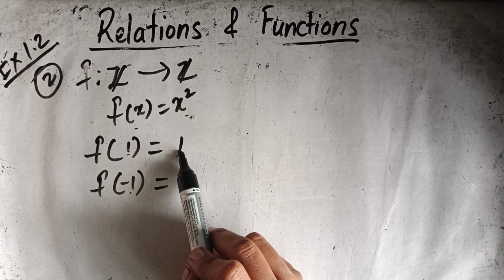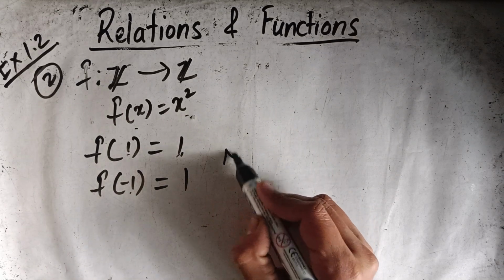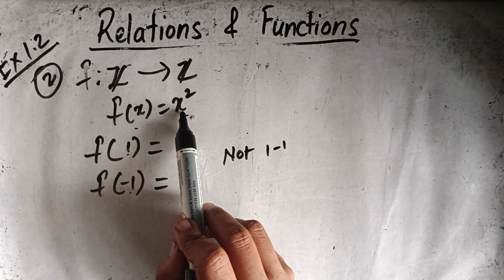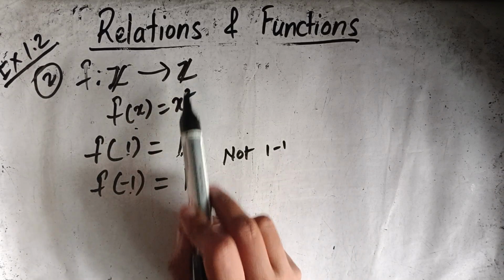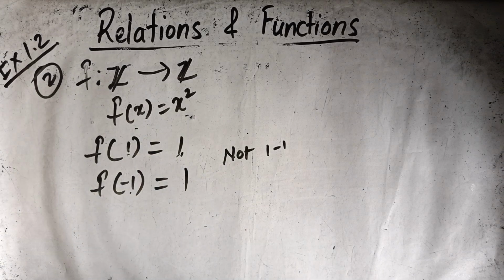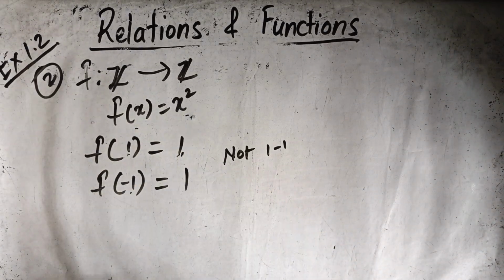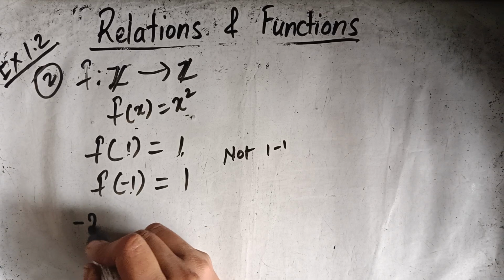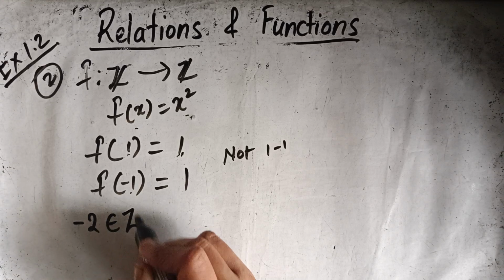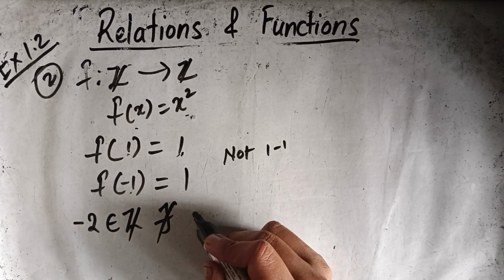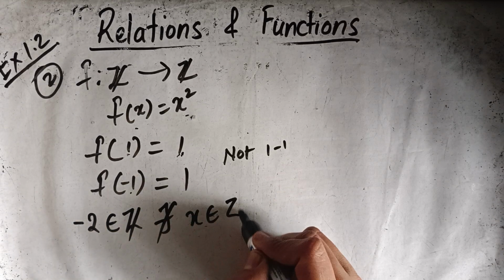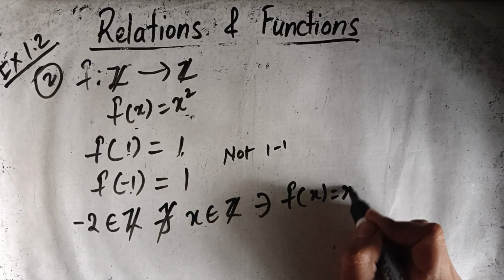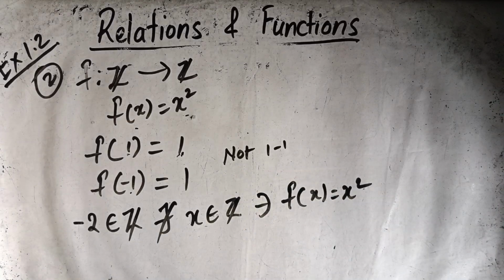So this is many-one, not one-one. Then for onto, on the other side, that is Z, you will get only the positive values and negative values will be left out. So you can take minus 2 belonging to this; there does not exist any x belonging to this such that f of x is equal to x square. So it is not onto.